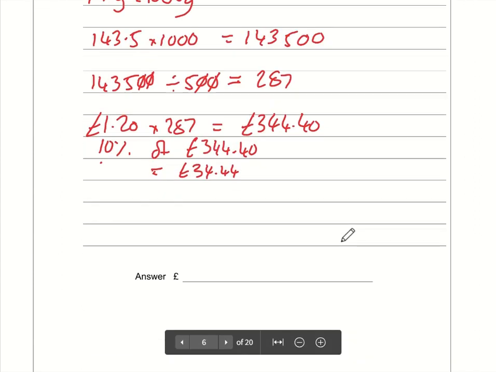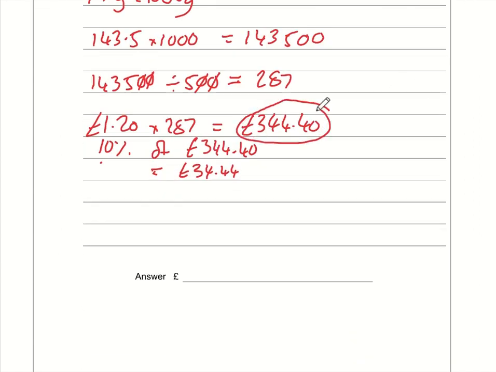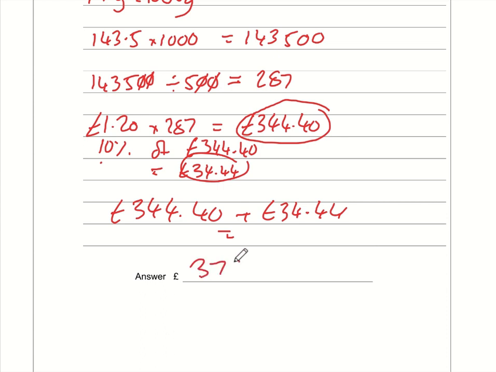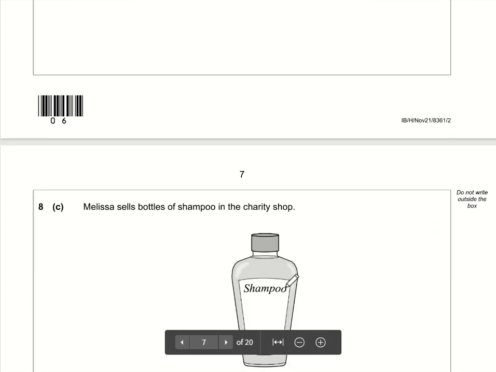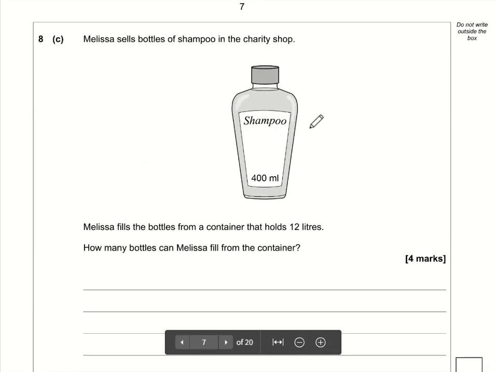So therefore she will receive 344.40 plus the 34.44, and that comes to an overall total of £378.84.